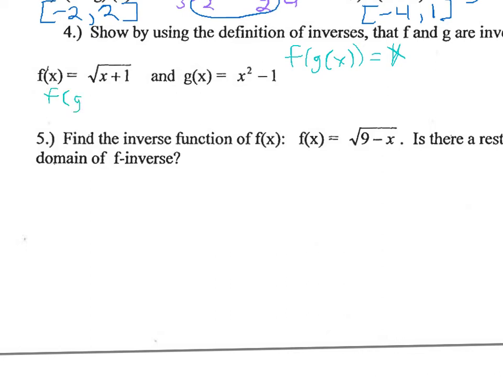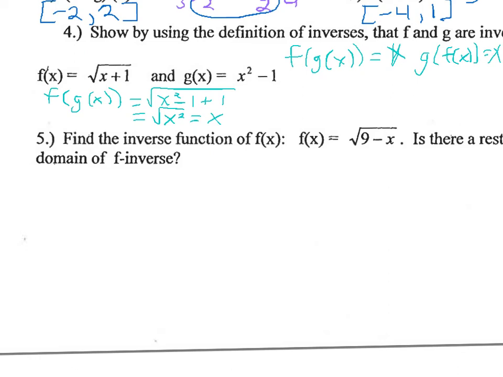So f of g of x equals the square root of x squared minus 1 plus 1, which equals the square root of x squared, which equals x. We also need to show that g of f of x equals x.